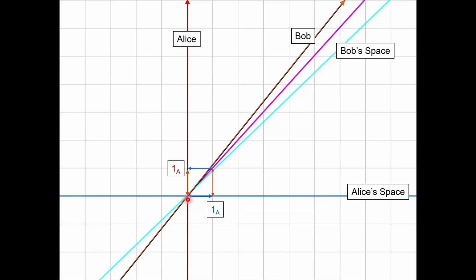The information travels 1 unit of distance over 1 unit of time. Now Bob does the same procedure using the same calibration tools, and he gets that this is 1 unit of distance, and this is 1 unit of time in his coordinate system.